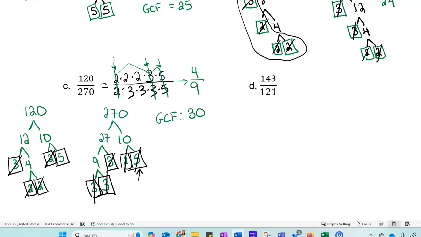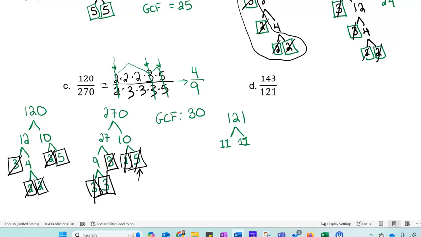Now, 121, let's just say, for example, that number is one that you feel more comfortable with. Okay, so if you're familiar with the factors of 121, you would know that 121 comes from 11 times 11.